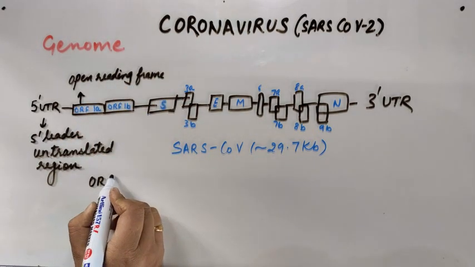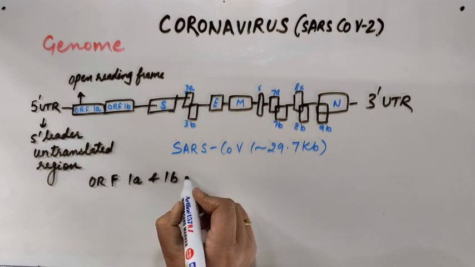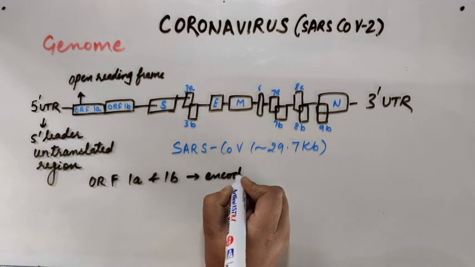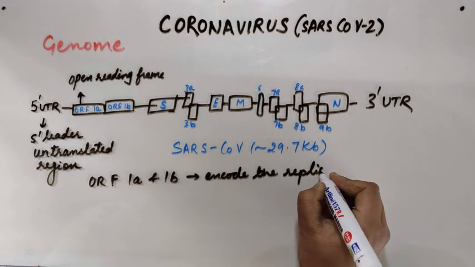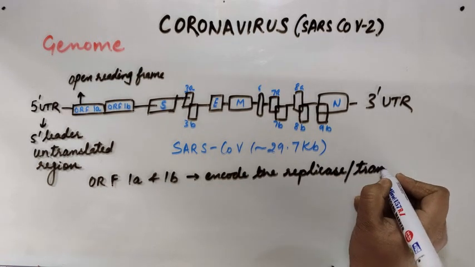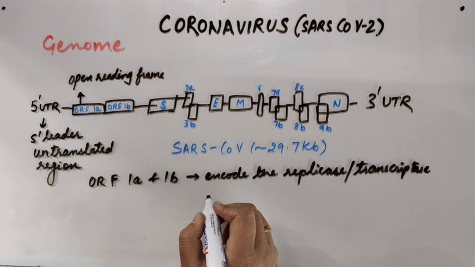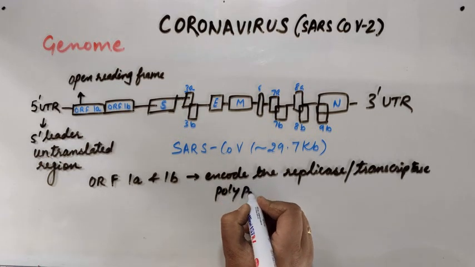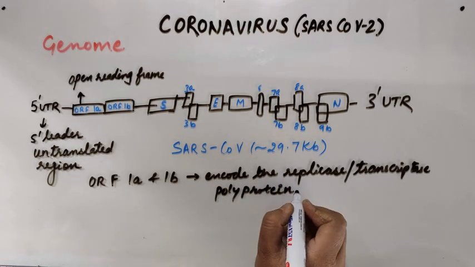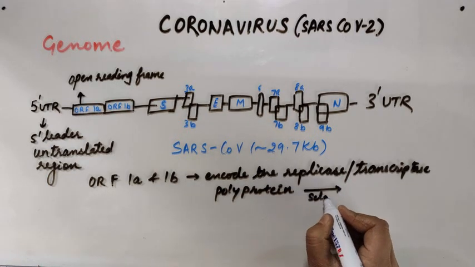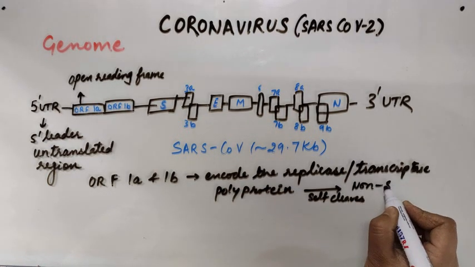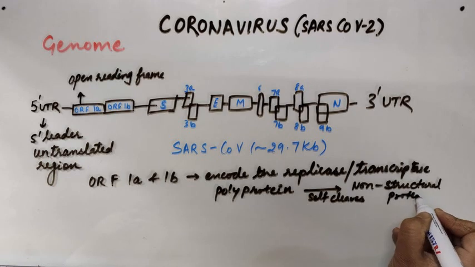Open reading frame 1A and 1B encode the replicase or transcriptase polyproteins, which self cleave into non-structural proteins.